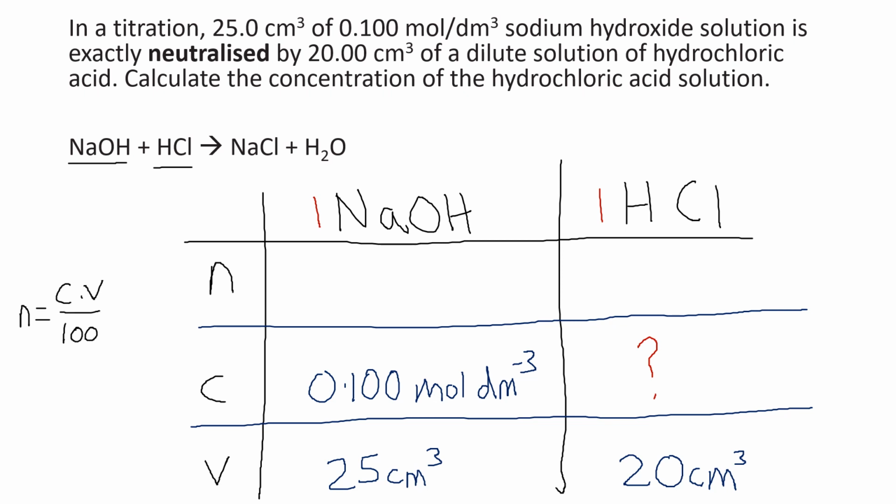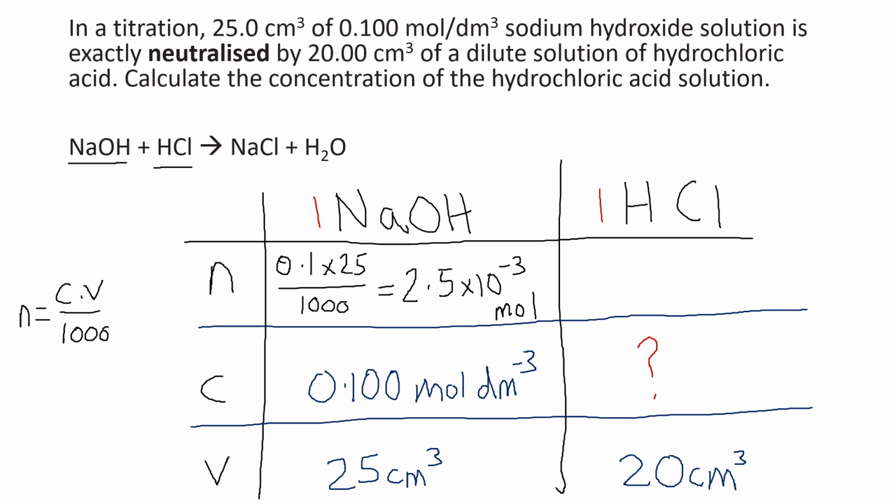And the reason we divide by 1,000 is because the volume is in centimeters cubed and the concentration is in decimeters cubed. So it's going to be 0.1 times 25, divide that by 1,000, and that comes out as 2.5 times 10 to the minus 3, and that is moles.